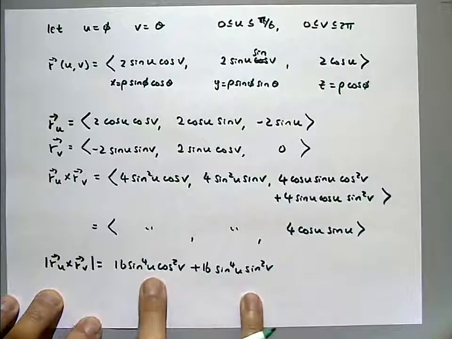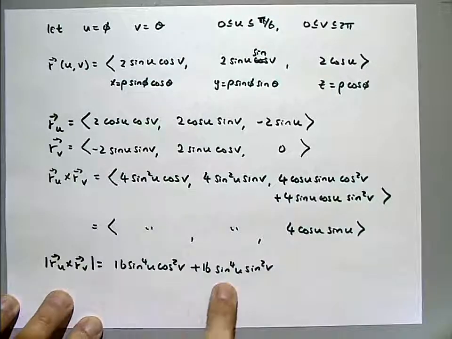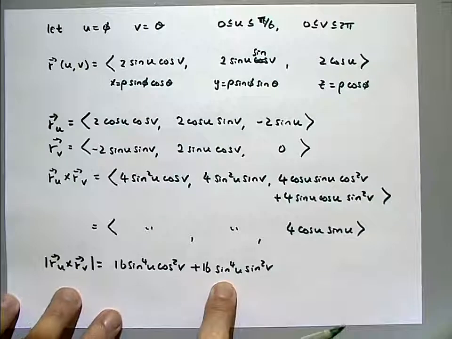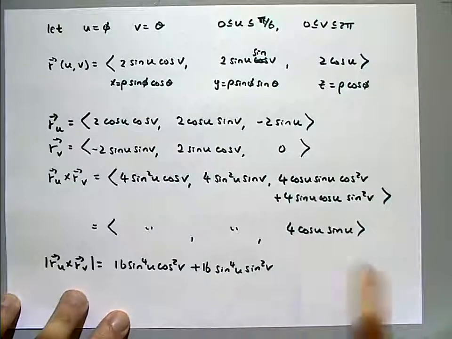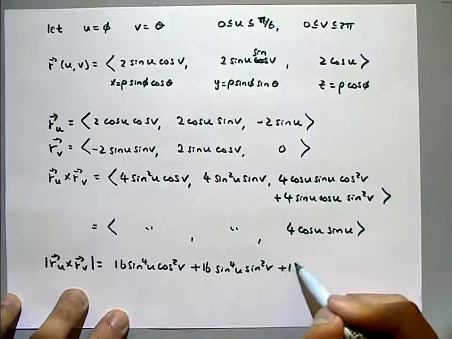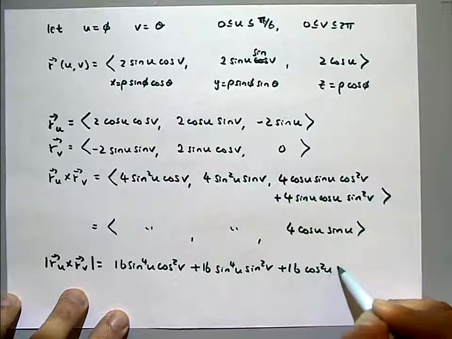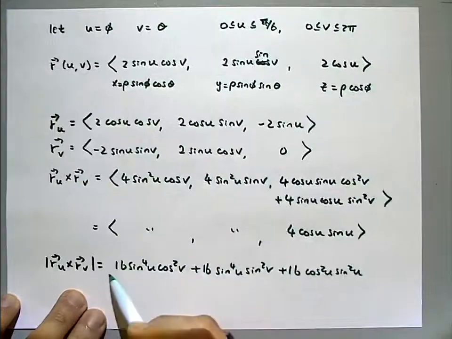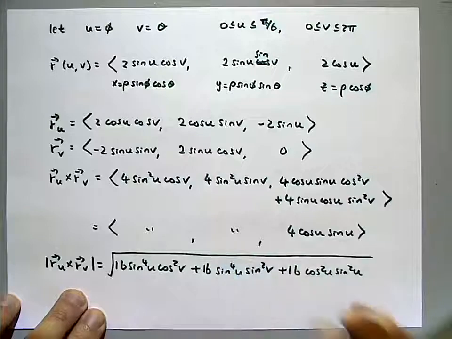So these two added together reduce to 16 sine 4th, right? That's nice. And then this thing squared, 16 cosine square u sine square u, all of this under a root.